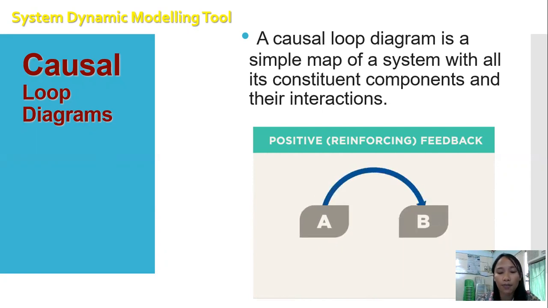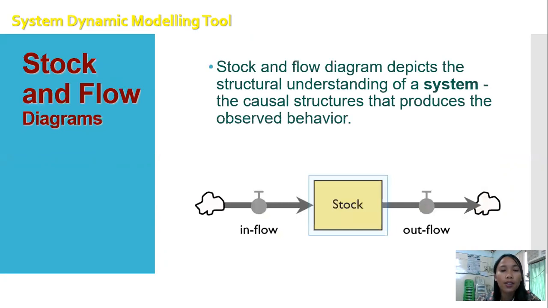Then from this concept, from this CLD, we can then create a stock and flow diagram. This is a more concise structure, a more concise map from the CLD, and we can add more variables in this system, and we can measure them quantitatively this time. The stock and flow diagram depicts the structural understanding of a system, the causal structures that produce the observed behavior.